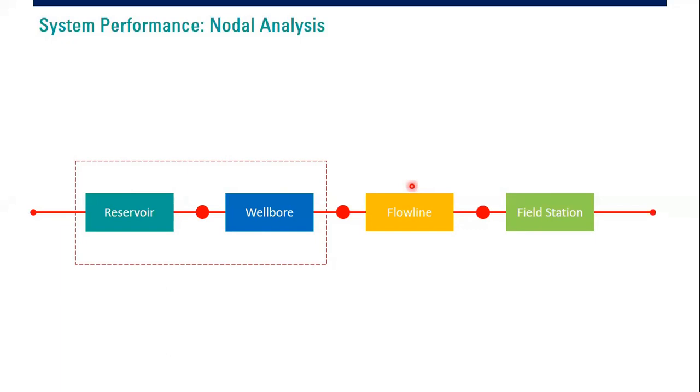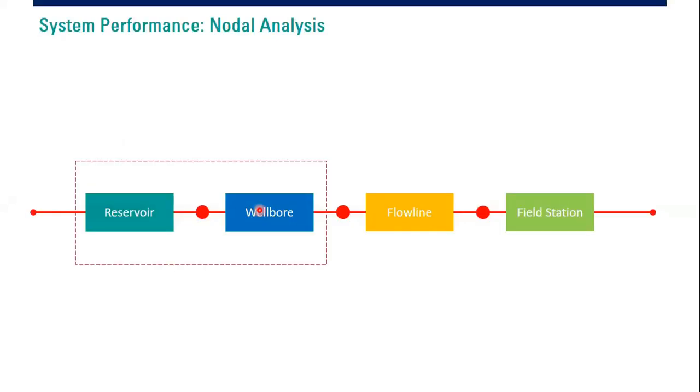But in reservoir engineering or production engineering, we focus on the reservoir and wellbore. So the intersection between reservoir and wellbore is very important for describing the performance of our system. Okay, that's the introduction.